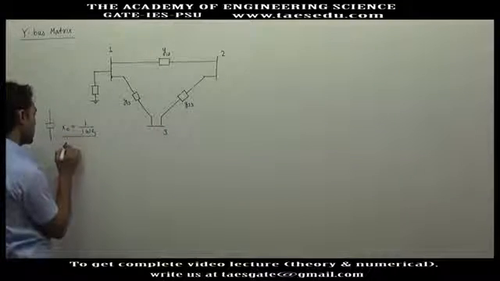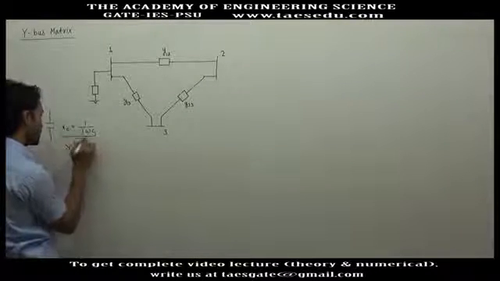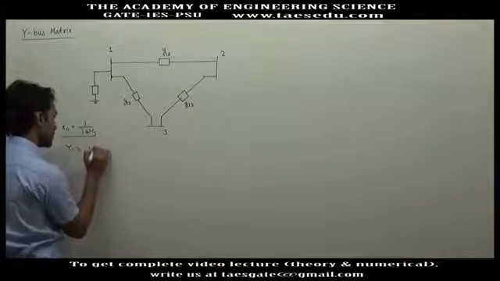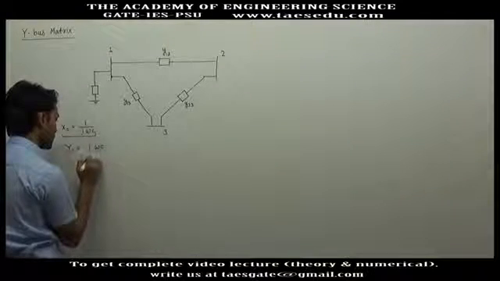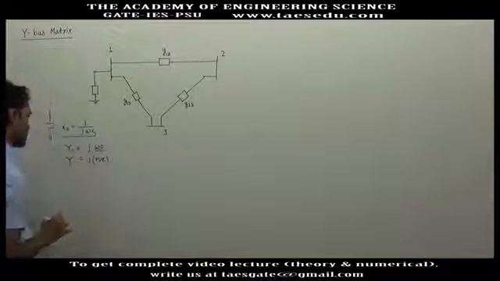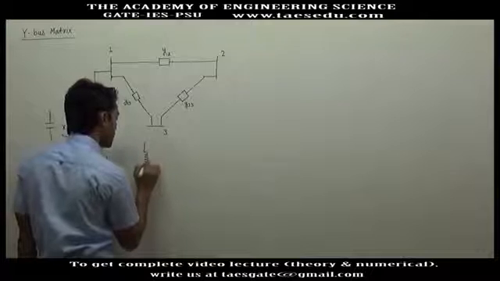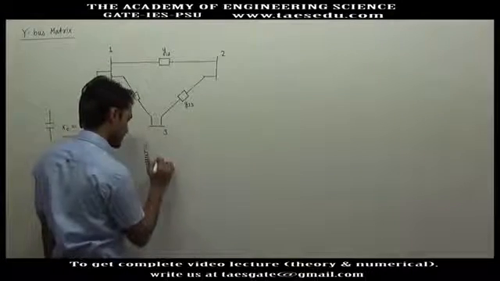What will be the admittance? Admittance of a capacitor, if you take the inverse of it, you will get j omega C, and omega C is positive, so you will get j times a positive quantity, the admittance of a capacitor. Similarly, to get the admittance of an inductor, first find the impedance.